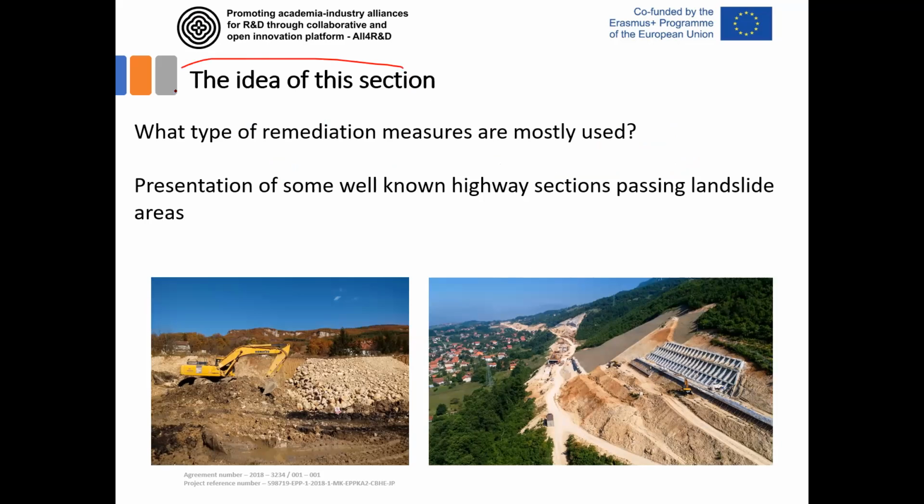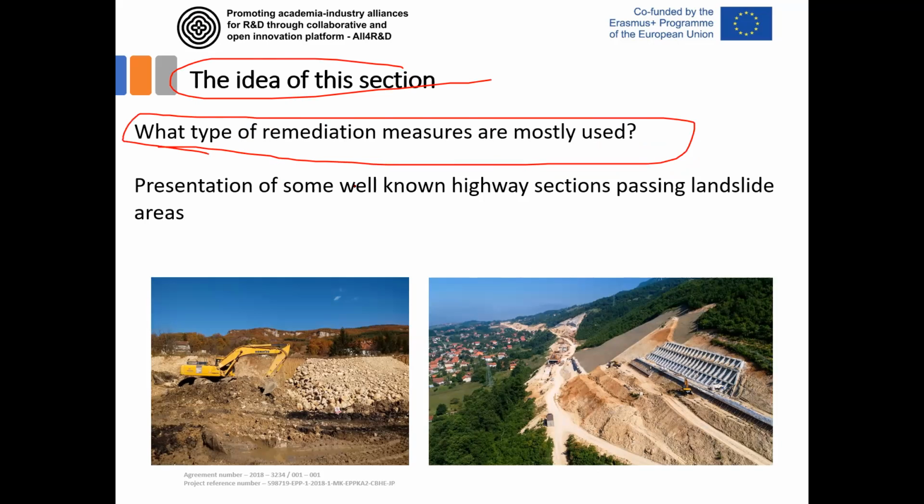So what's the main idea of this section? It is just to introduce you to different types of remediation measures that are mostly used. And you can see some of them here. When you have the highway passing a landslide, then you can do this kind of rock-like material that would be some kind of counterweight of the slope.